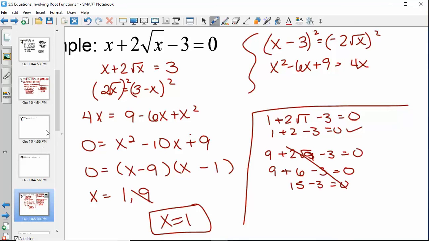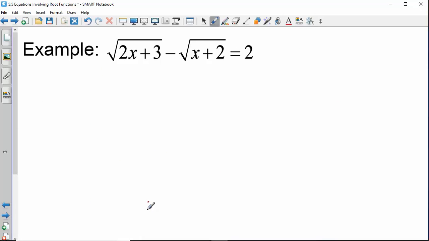Let's try some more. This one we have 2 radicals.